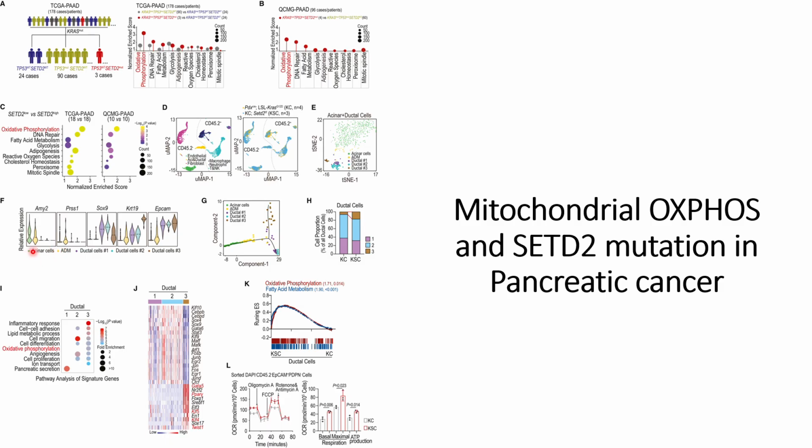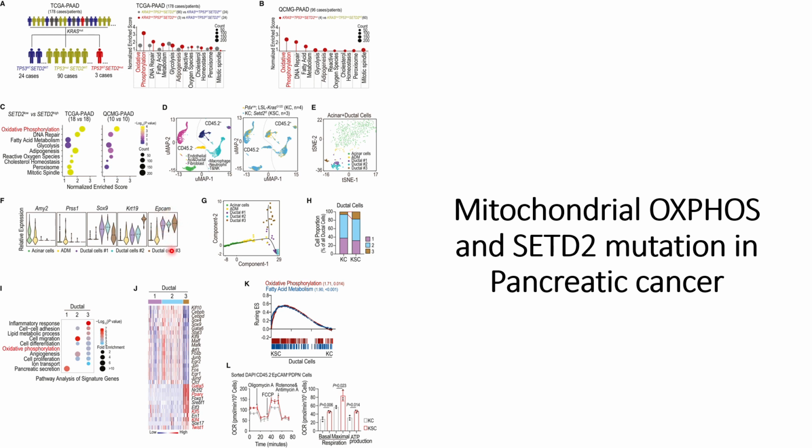They found that AMY2 markers are expressed in the acinar cells and also in the ADM, whereas PRSS1 is expressed mostly in the ADM. The other three are divided into three different ductal populations based on their markers: SOX9 is expressed in the three ductals, KRT19 is highly expressed in the final ductal, and EPCAM is highly expressed in all three ductal populations, ductal 1, 2, 3.